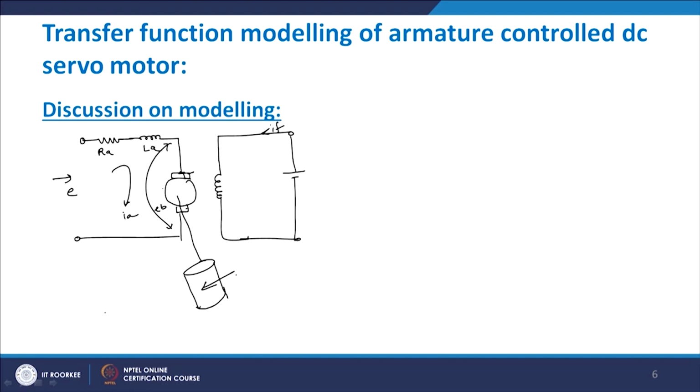So, here we have J, B, and the torque produced by the motor, Tm, and here is the position theta. Okay. Now, this is the circuit diagram of an armature control DC servo motor. Now, here the main requirement is the position theta.